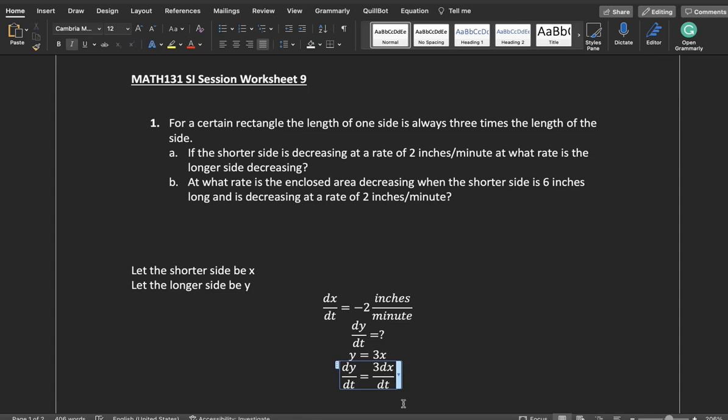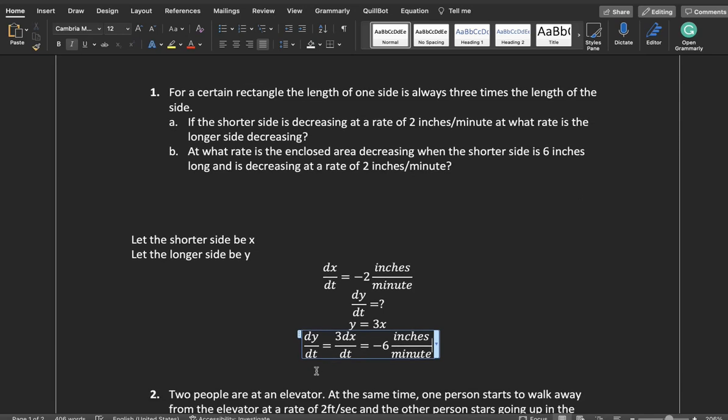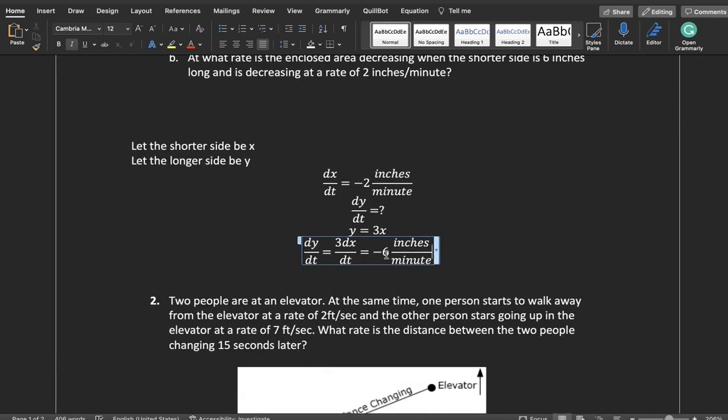And since we're already given that dx dt is equal to minus 2, this is just equal to minus 6 inches per minute. Meaning the longer side, which is y, is decreasing at a rate of 6 inches per minute. Okay, so that's for sub question A.